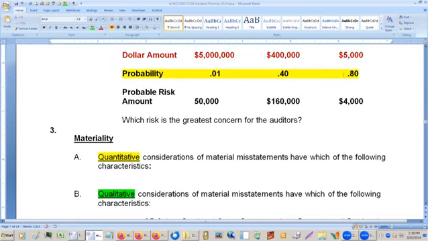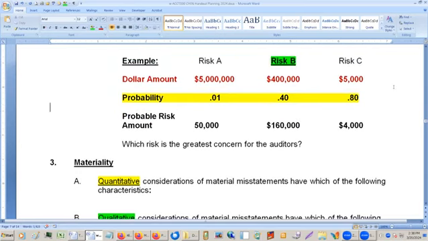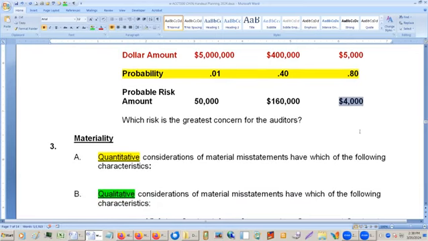The one with the highest probability is risk C, but what's the problem with risk C? It's probably immaterial anyways, right? Especially when you have $5 million hanging out there. The risk of being off by 4,000 is probably not a material amount.